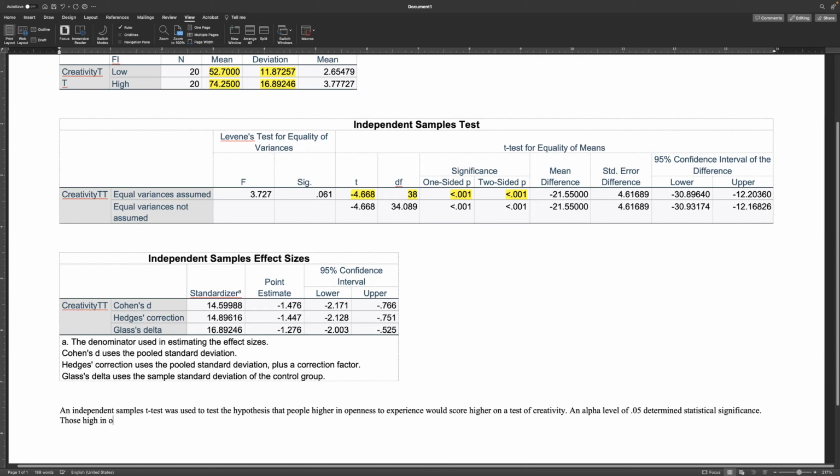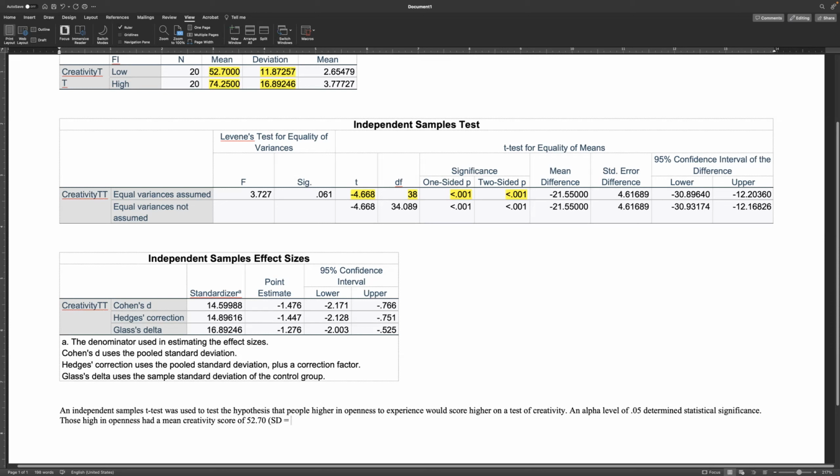high in openness had a mean creativity score of 52.70. So it's good to keep the decimals consistent. And because I'm going to do 0.25 in the next one, I should do that. Add that 0.